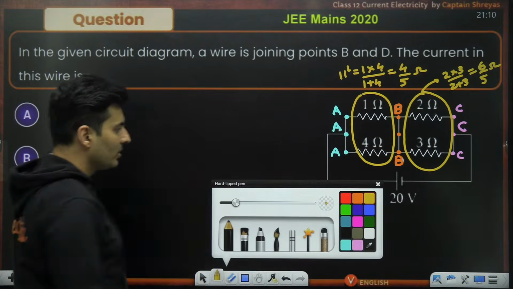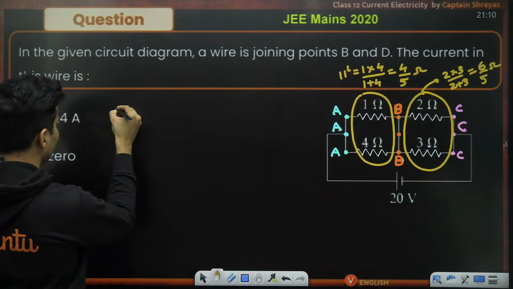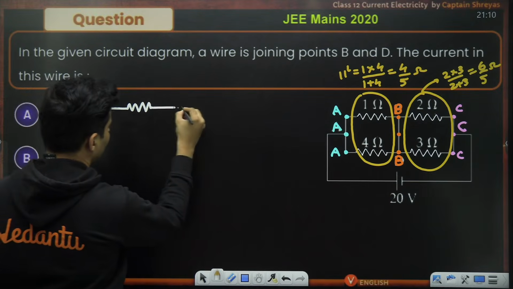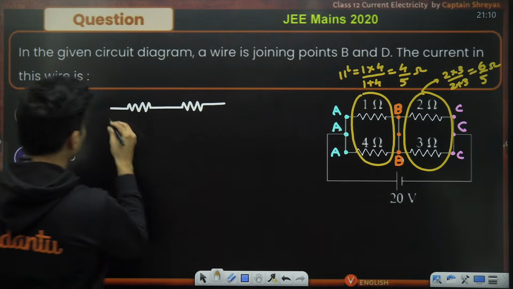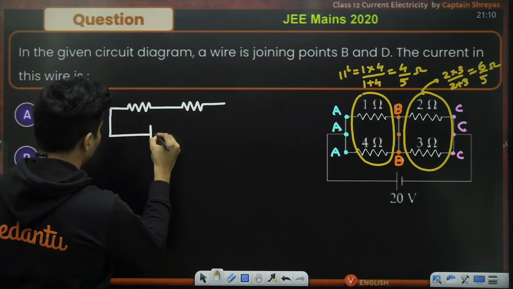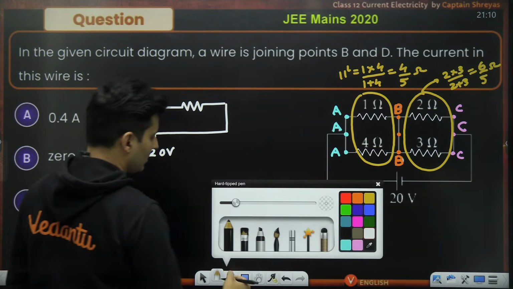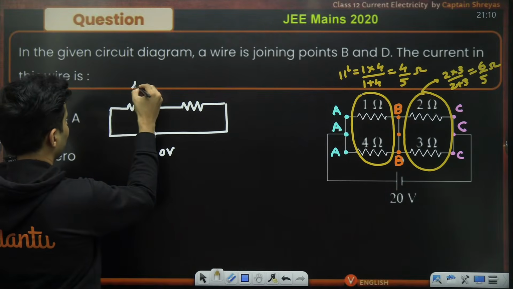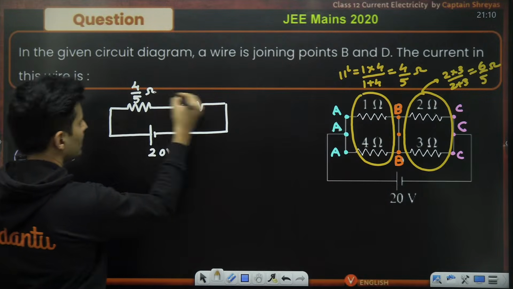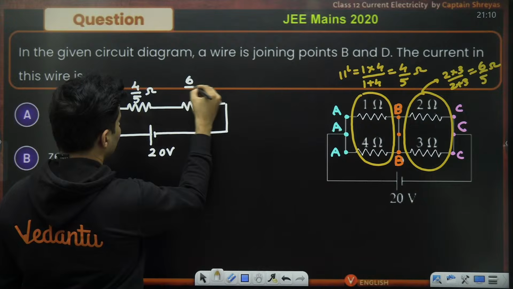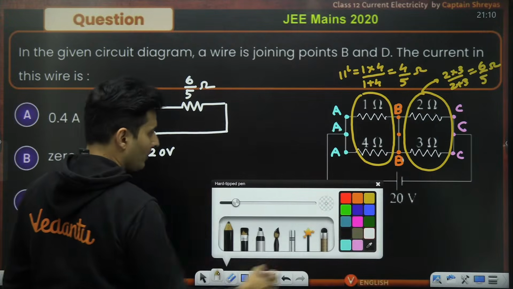Everyone? So the equivalent would look something like this. You will have one resistor here, another resistor here, this particular battery like this. This is 20 volts. This will be 4 by 5 ohms. This will be 6 by 5 ohms.